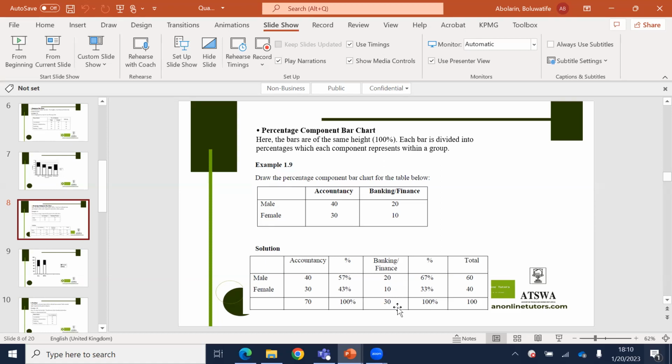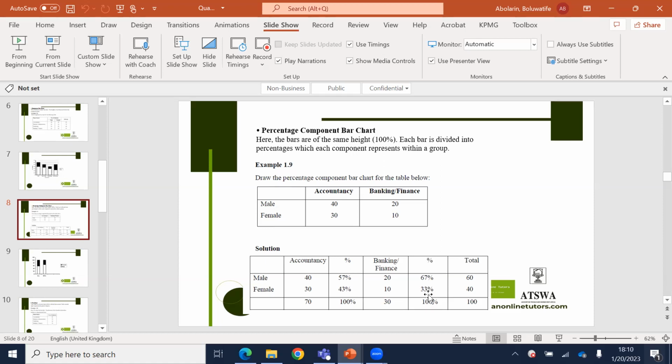That is 67. Exactly. So 10 divided by 30 times 100 is 33.3, approximately 33%. Exactly. So that is how we got our 33.